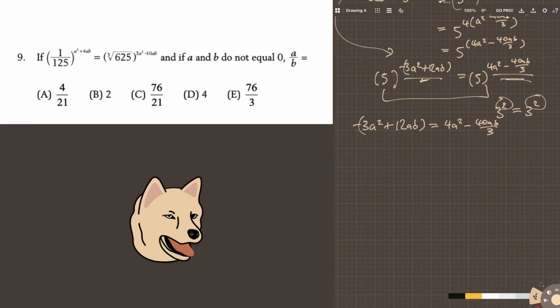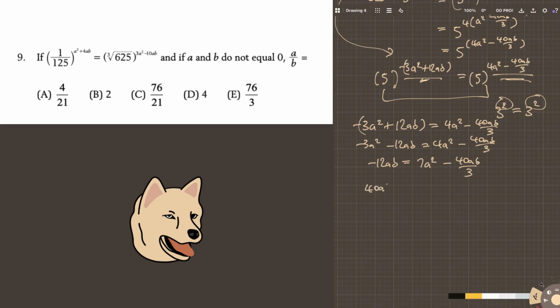All right, simplifying here. And then cancel it out over here. Negative 12ab is equal to 7a squared minus 40ab over 3. Move 40ab over to the other side.